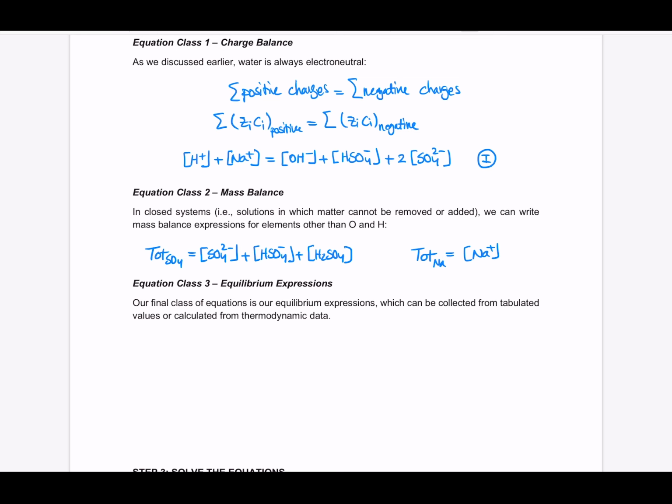One tiny difference here: do we know this value? Exactly. We know how much sodium sulfate we added. That's the known value. Let's say we added 1 molar. Let's call that the total of sodium.